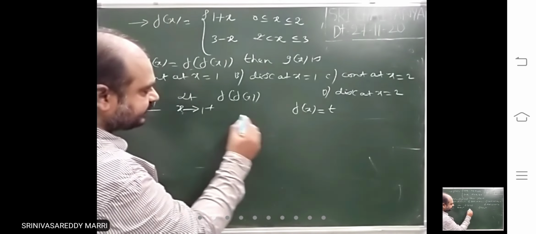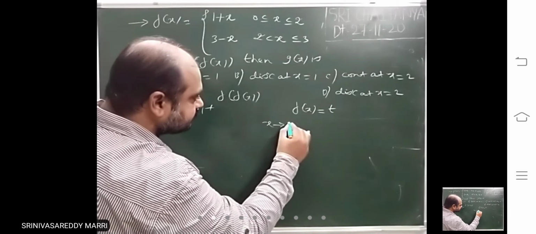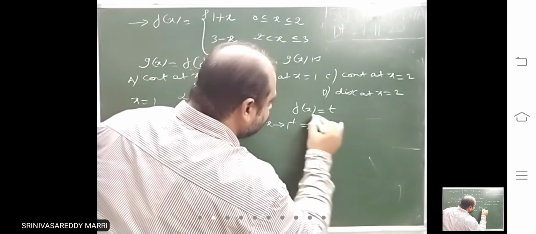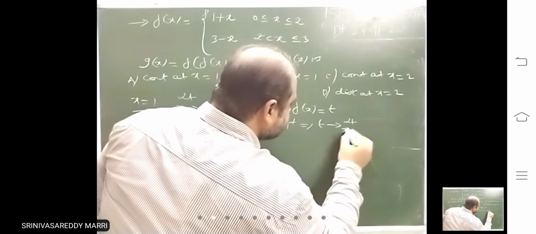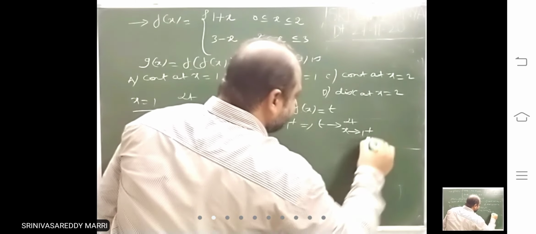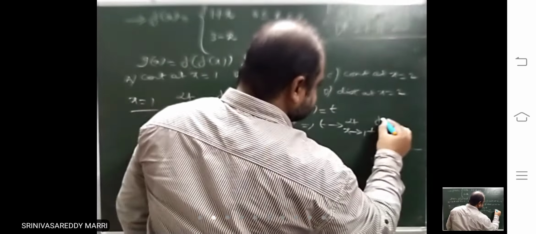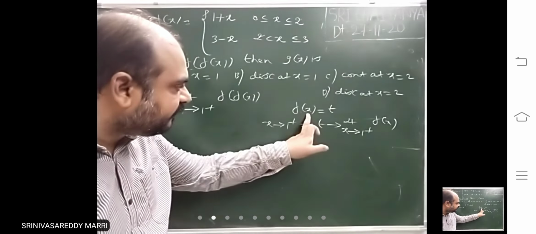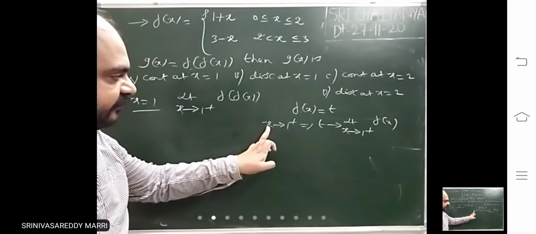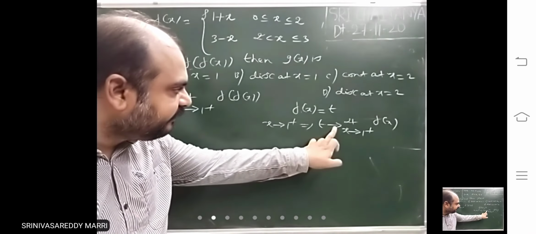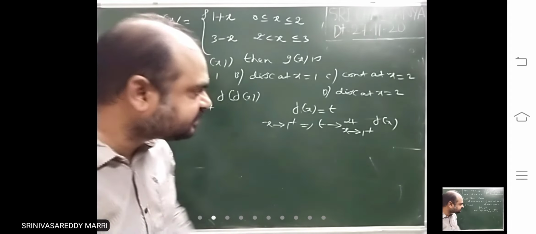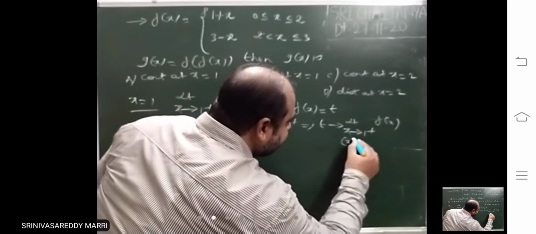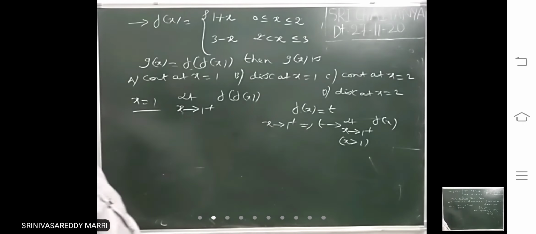Now look at x tends to 1 plus, implies t will tend to, apply for this limit, limit x tends to 1 plus f of x. If t is f of x, where will t tend to? If x tends to 1 plus, t will tend to the limit of this when x tends to 1 plus. Now look at it. We will calculate this with x greater than 1.